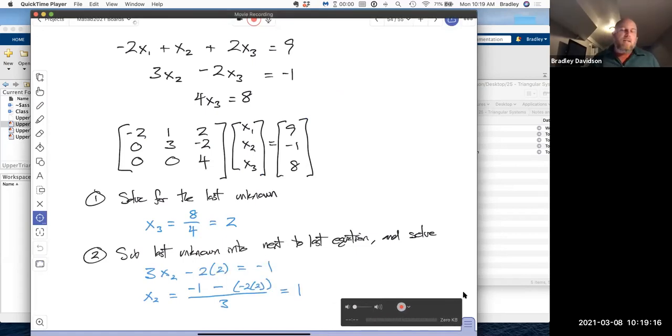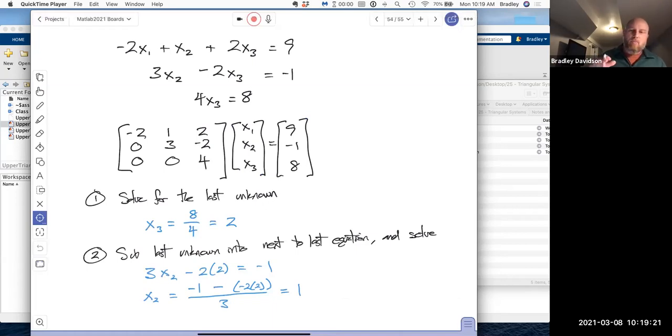All right, so let's now put this into MATLAB. When we put this into MATLAB, I want to walk back through what we just did by hand and start using our index notation, because in MATLAB, working with matrices, we need to use index notation for implementing this. Let's take a look at x3 in this initial step, 8 divided by 4.